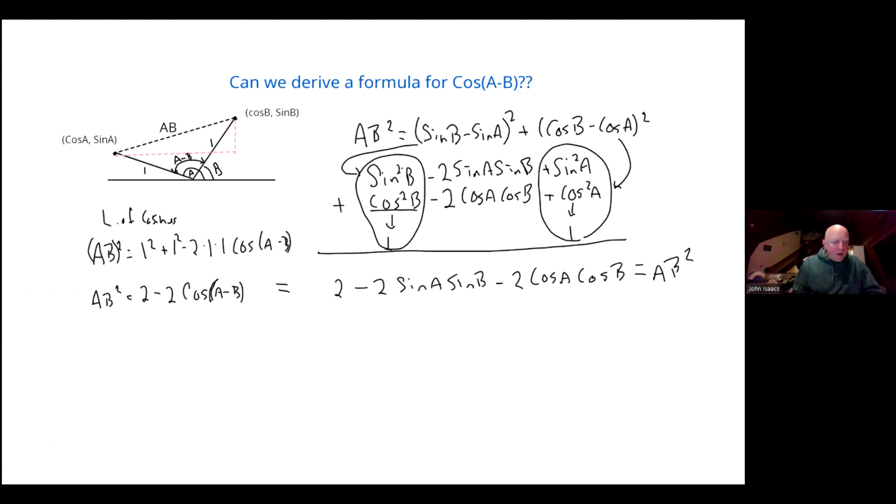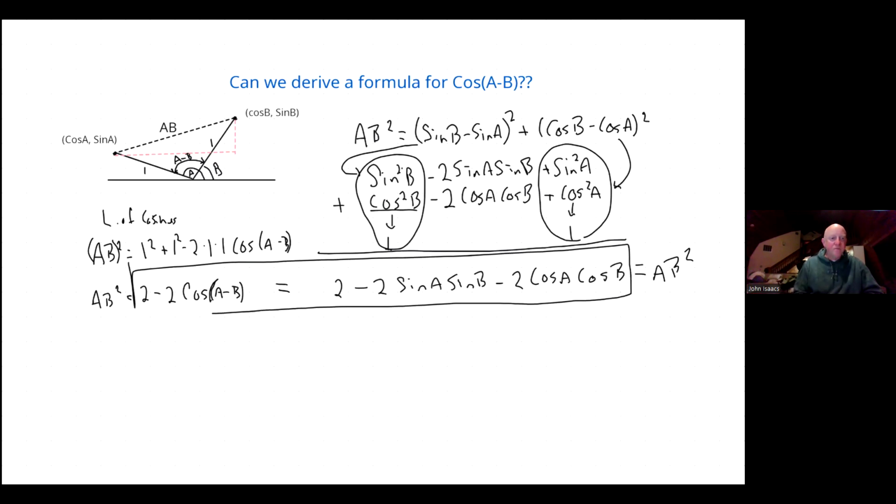Now we can look at these two statements that must equal each other because they both equal AB squared. I think that we can subtract 2 from both sides, basically eliminating this and this. Then we could actually divide by -2 because all of these terms have -2 in them.